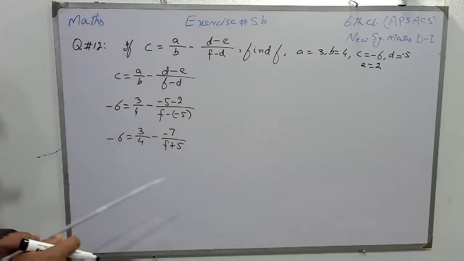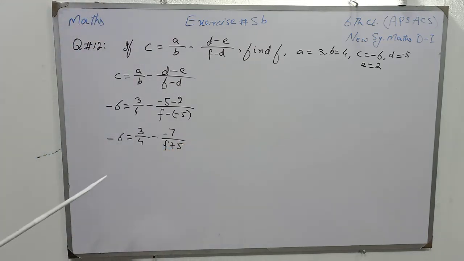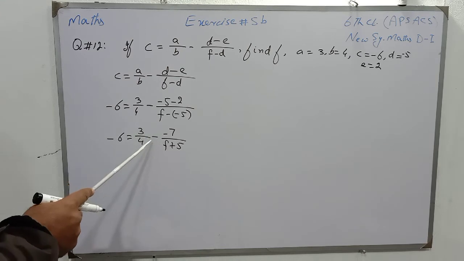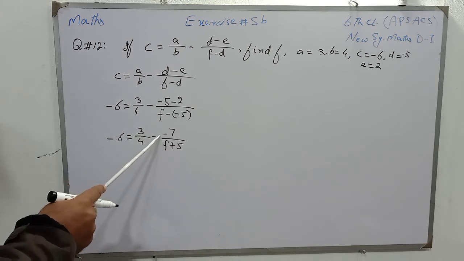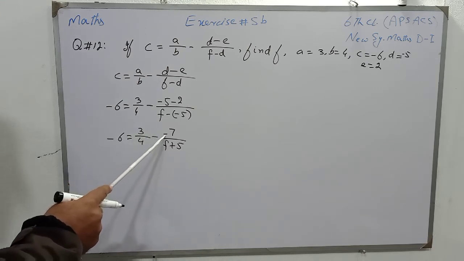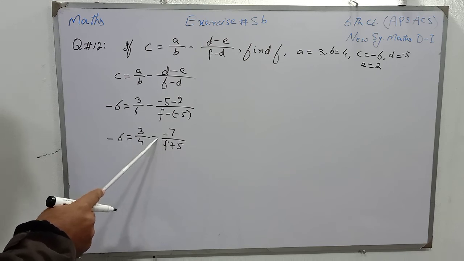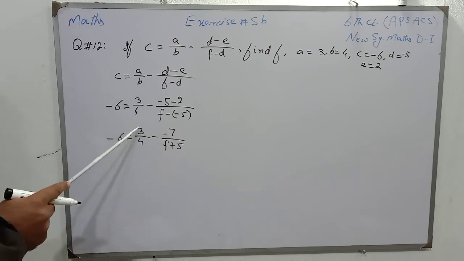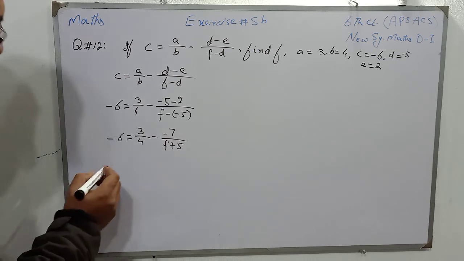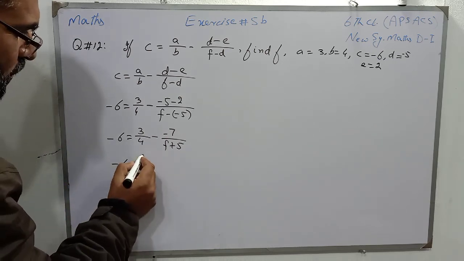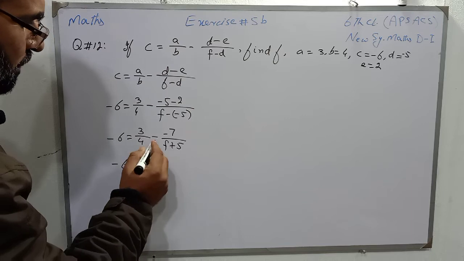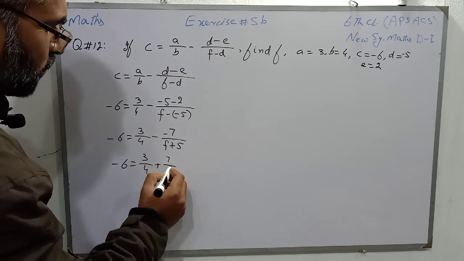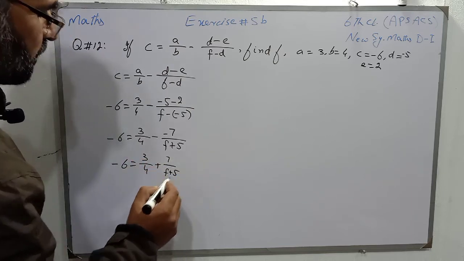Now students, if you look at the right side, two minuses are multiplying, so when minus multiplies with this minus, it will become plus. So it is written as minus 6 is equal to 3 over 4 plus 7 over F plus 5.